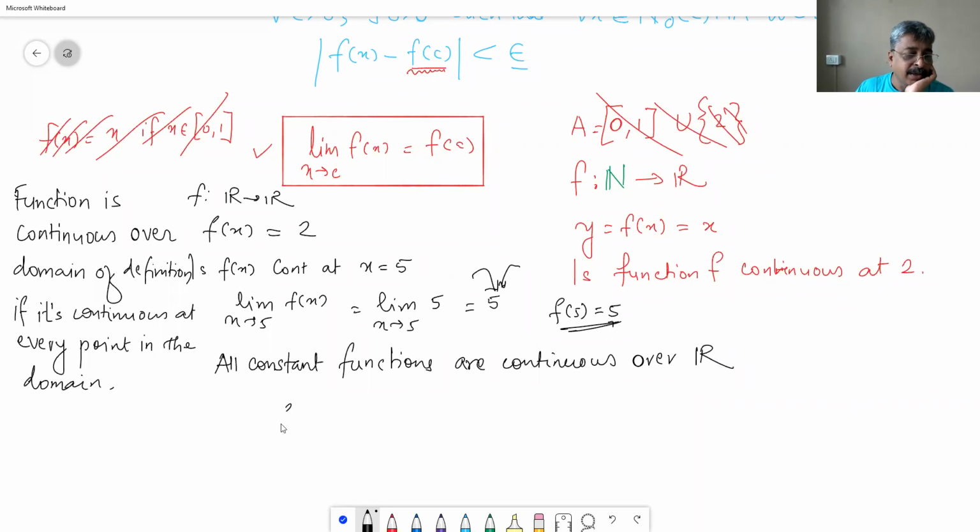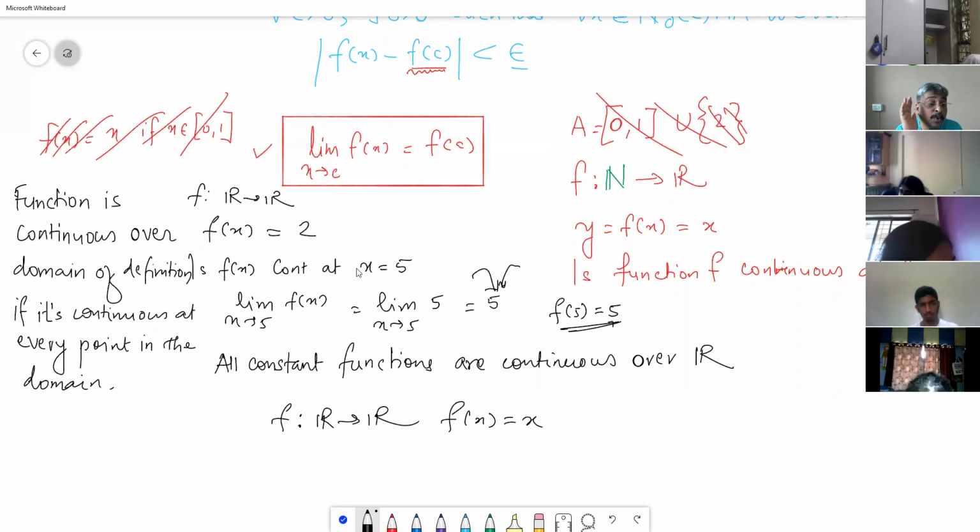Then if I say f is defined from R to R and f of x is equal to x, is this function continuous over R?